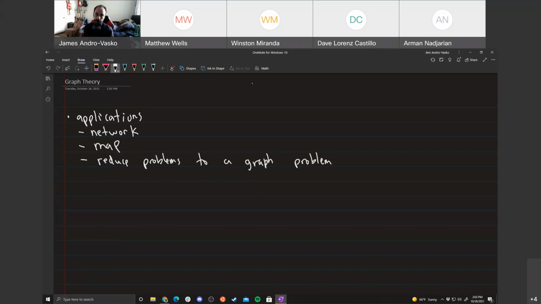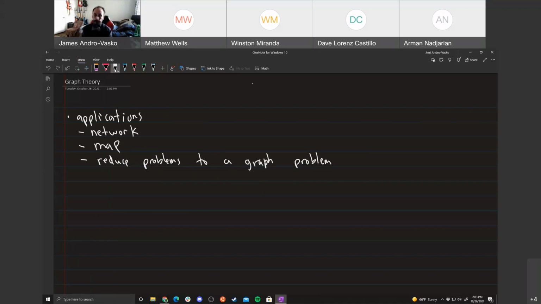There are certain problems where you can modify them a little bit so they model a graph problem, and a graph problem can actually solve this problem. That's more the reduction of problems, so we might not get that far in this class. This is more of an automata theory concept. So those are basically the basic applications of a graph.